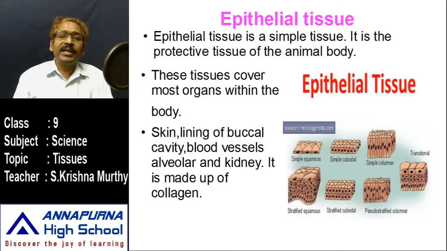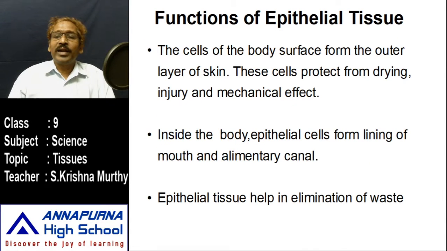So we have learnt what the different kinds of epithelial tissue are and where they are present: in the skin, the lining of the buccal cavity, blood vessels, alveoli, and kidneys. Wherever it is present, this membrane is lined with collagen material.